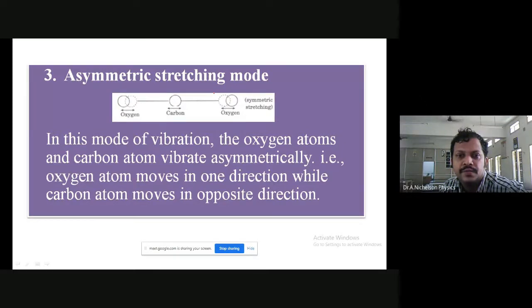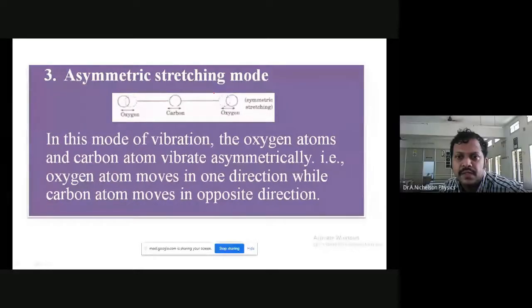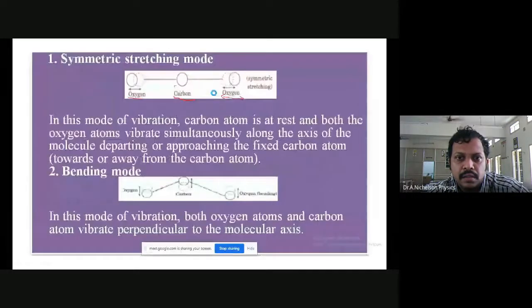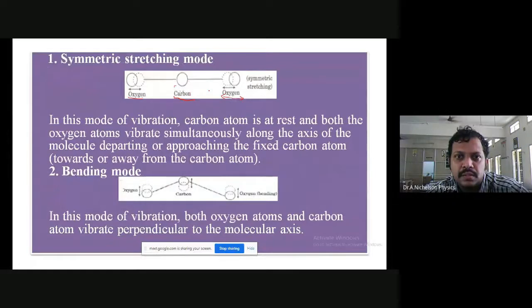Okay, Balavishnu. Sir. Could you find any difference compared to the first one, symmetric stretching? I show the diagram. So this is the first one. Okay. Just note the arrows, everything.